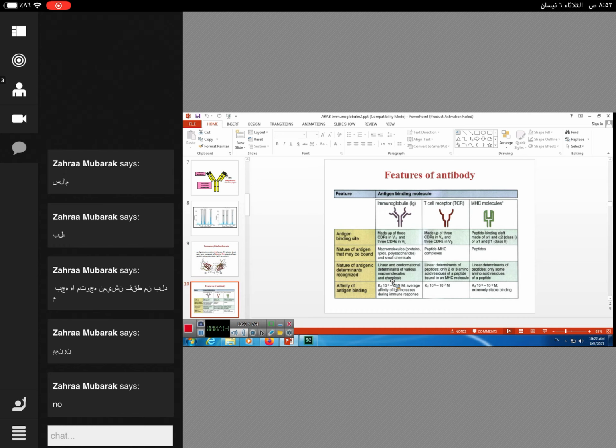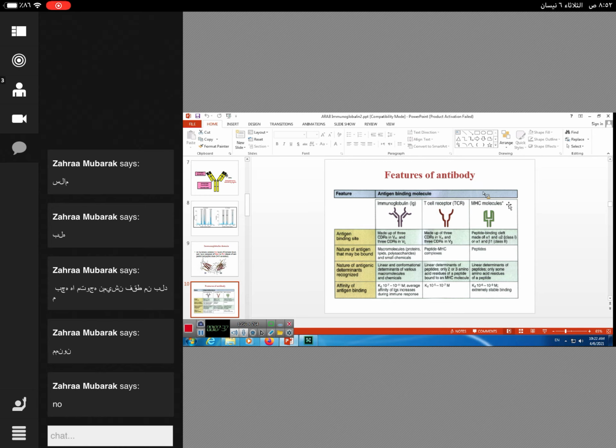In the immune system, there are three molecules that participate in antigen processing and antigen recognition. One is immunoglobulin or BCR, the B cell receptor, another is the T cell receptor, and finally MHC molecules.